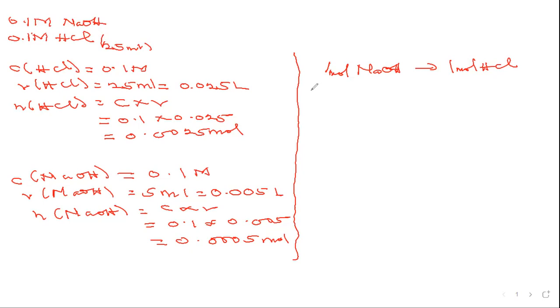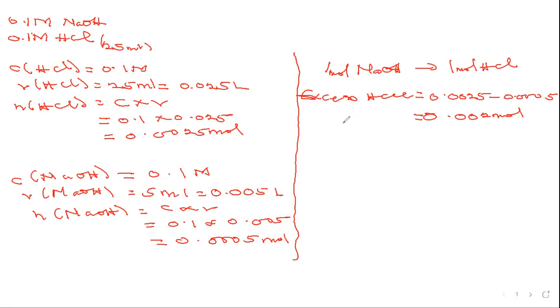By so doing, I can say that my excess moles of the acid will be equal to the moles in the 25 mL, that is 0.0025 moles, minus 0.0005 moles from the base. When I punch this on my calculator, 0.0025 minus 0.0005, I'm going to get 0.002 moles of the acid being in excess.